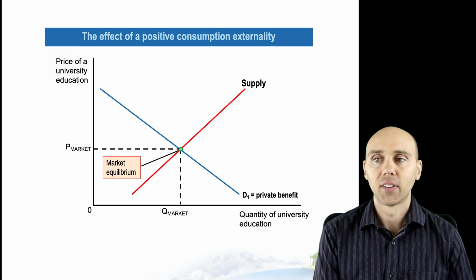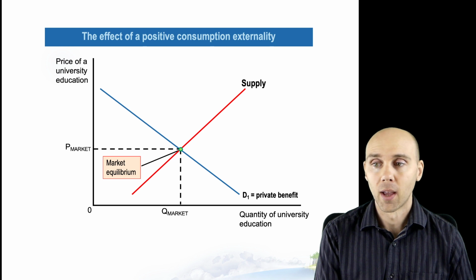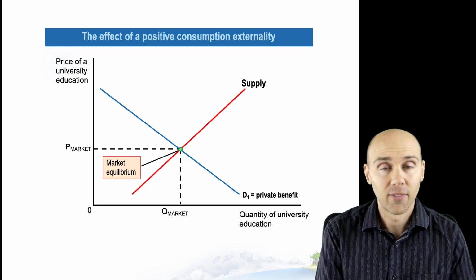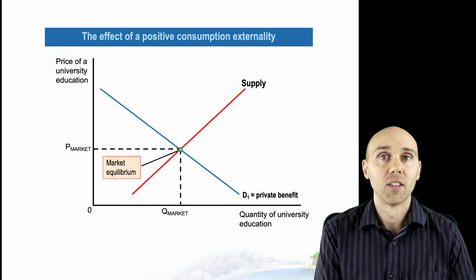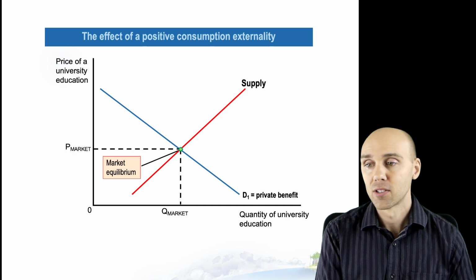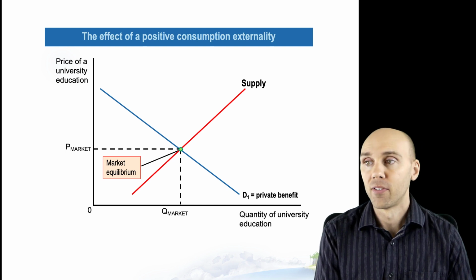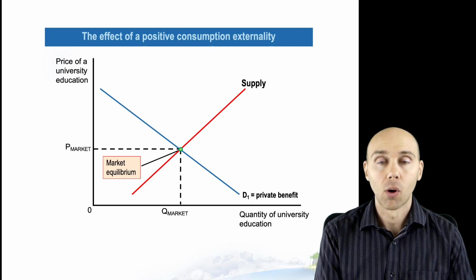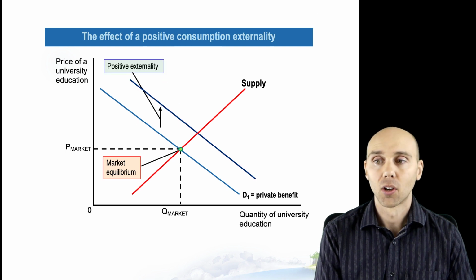So a positive consumption externality is something where if you consume something, it benefits others who are not in this particular transaction. So you go to university, you're benefiting society. We want to add in this positive externality. So what we do is we increase the demand curve.